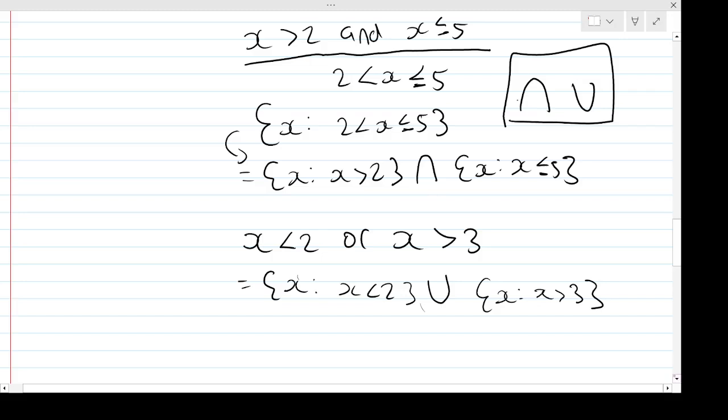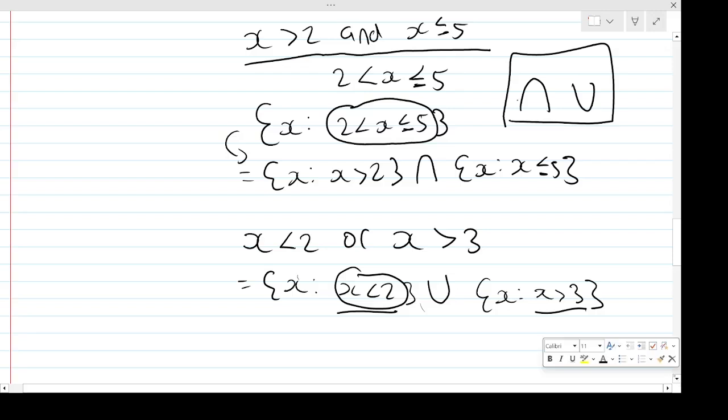And the other idea is that you can't have two inequalities in one bracket. If in this case, like the last example, you have two different inequalities, you need to split it up. If you can combine it to one inequality, then that's still one inequality, like that example. But when you have to physically split it up into two, like this, then you need to split it up into two different sets.